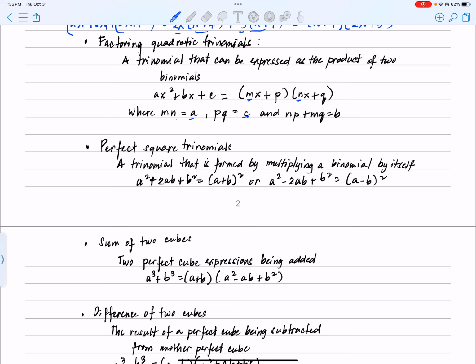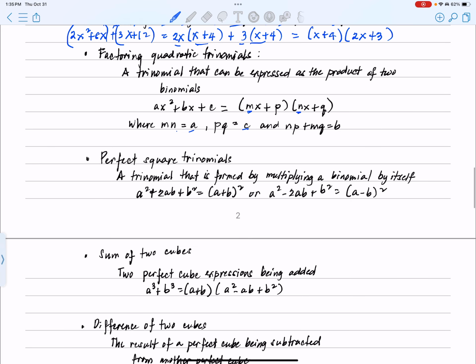Let's visualize how it looks. In a simple way, I know you don't like the m, the n, the p, and the q, so let's make it simple. For example, you have x squared plus 5x plus 6.